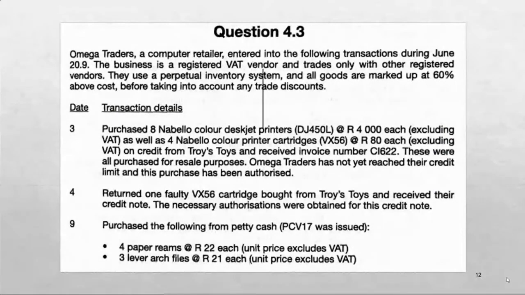You are welcome to ask me questions. If you're unsure about anything that you see on the screen currently, then we will discuss it. So I'm going to give you 5 minutes. Just read number 4 and number 9 and see if you can figure out where this information should go to.